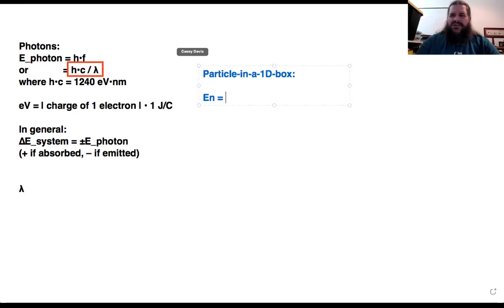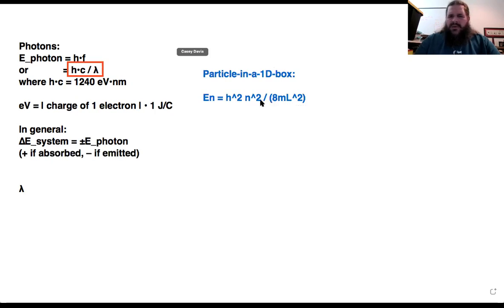Or what it's proportional to? I think that's, if I remember correctly, h squared n squared over 8 m L squared.